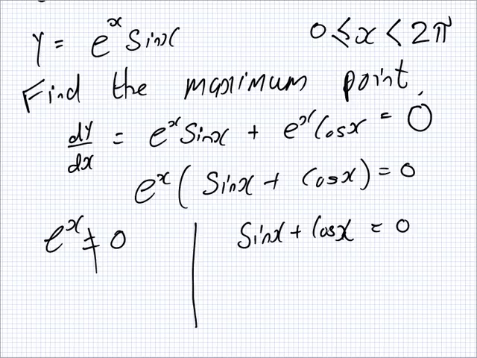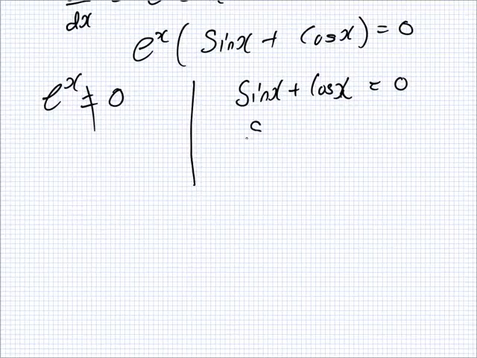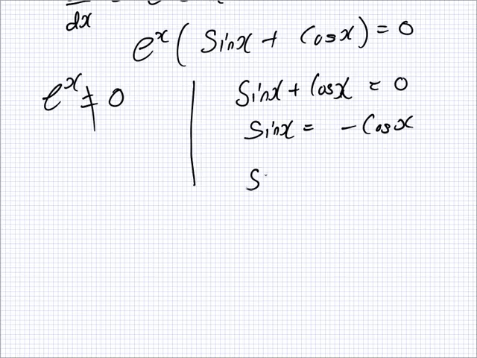This is a little bit difficult to solve because it's a sine and a cos. Although there's a very nice trick here to simplify this. Any ideas? Yeah, you can bring the cos to the right and then divide by the cos.